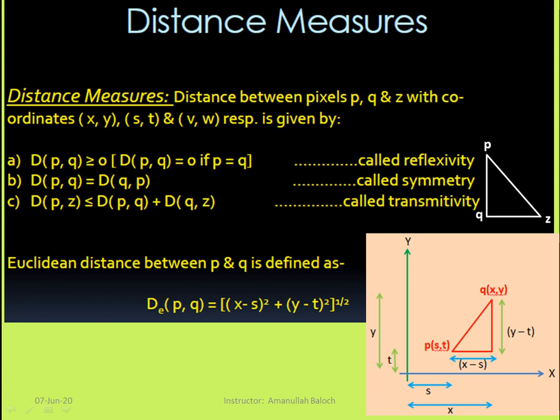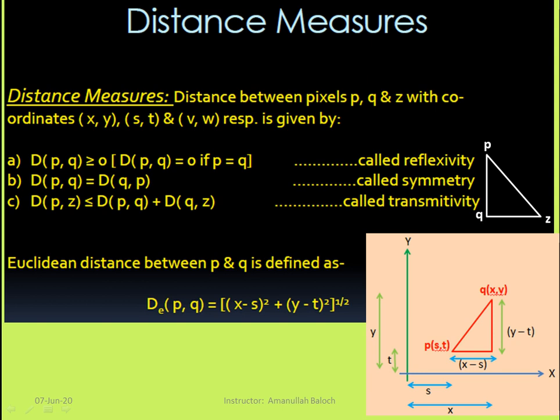And how have we found the vertical distance of this triangle? This is the x-axis, and this is the pixel position from the x-axis. The distance of this corner position from the x-axis is called t, and the distance of the other pixel position from the x-axis we called y. Then what will be the value of this side of the triangle? It is y minus t.